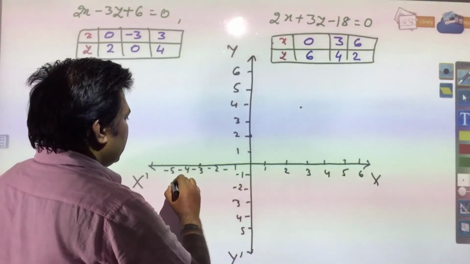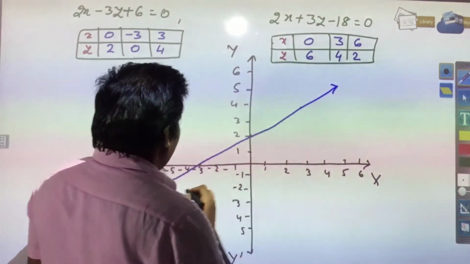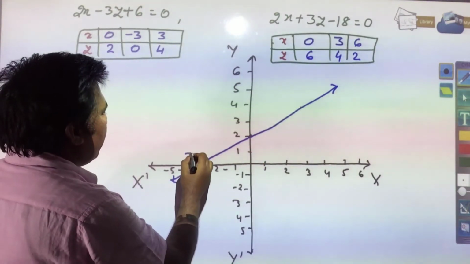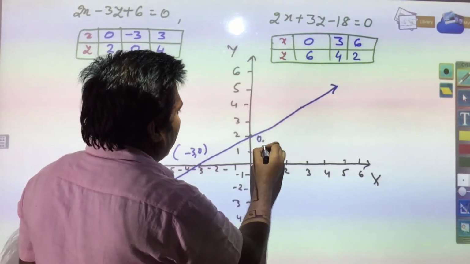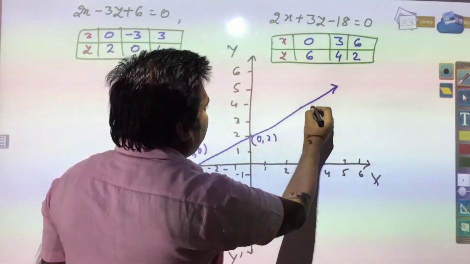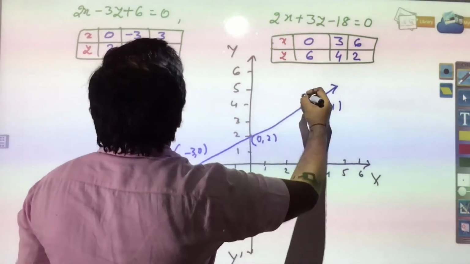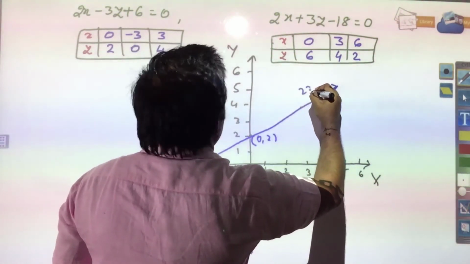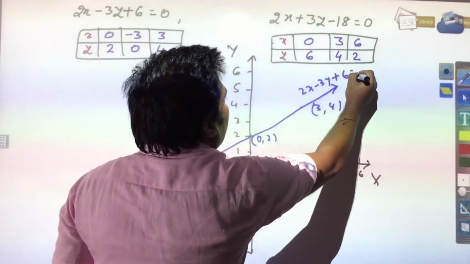So, in this way this is required to be joined. Your coordinates are minus 3 and 0, 0 and 2, and 3 and 4, and this is the line you have got for the equation 2x minus 3y plus 6 is equal to 0.